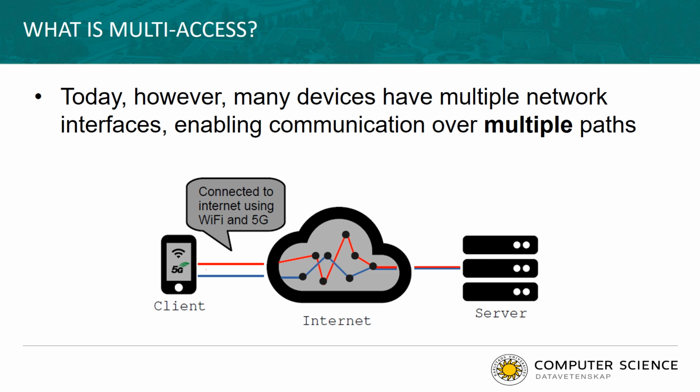So in the example in the slide, we see that the connection from the client has a connection both over Wi-Fi and over 5G. We have multiple paths throughout some portion of our connection, and then maybe again towards the server we have a single path. But our user devices today are typically multi-homed, and we can take advantage of that by communicating over multiple paths.